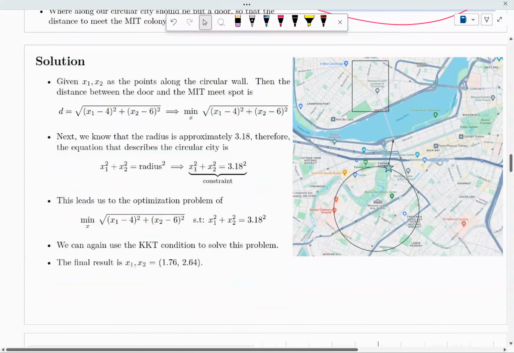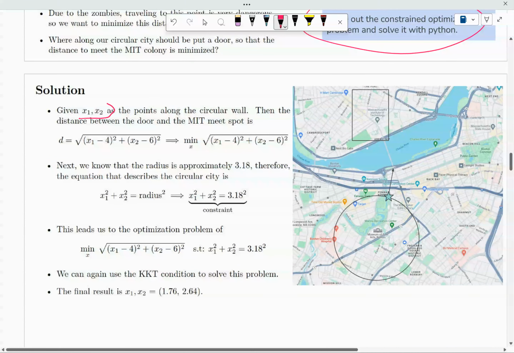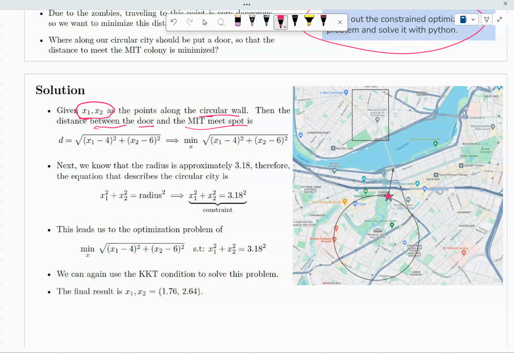So given x1, x2, let's say x1, x2 is the point. We want to find x1, x2 along the circular wall. Then the distance between the door and MIT. Oh, I see, that was the distance. What was the equation of a circle? Oh, it was this. So I was right. That's the equation of a circle.